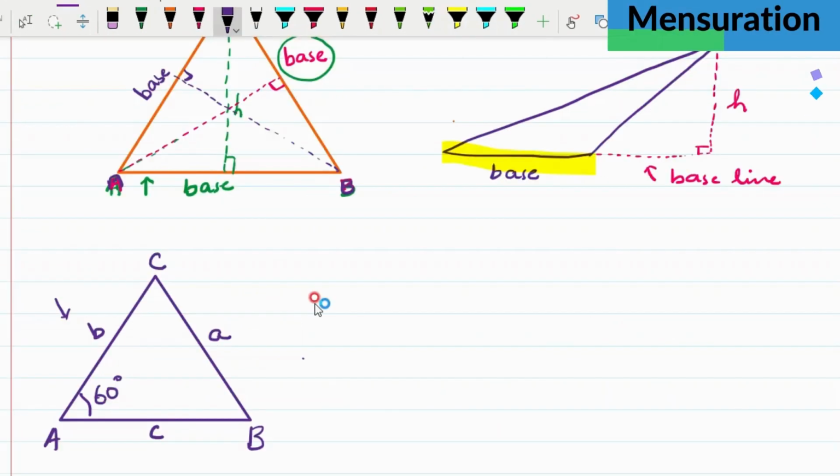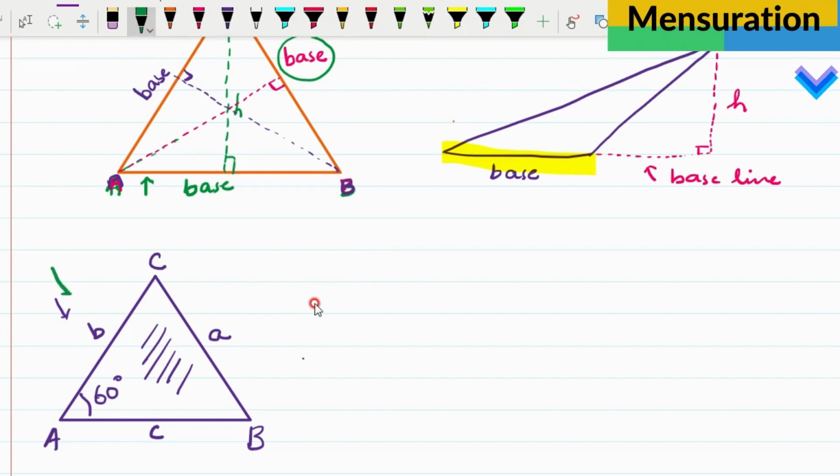Okay, it means we understood this. We can calculate the area of a triangle using the formula 1/2 base times height. But what if we don't have a correct height and base? Then how can we calculate the area of a triangle? In this situation, always remember we will use an angle.